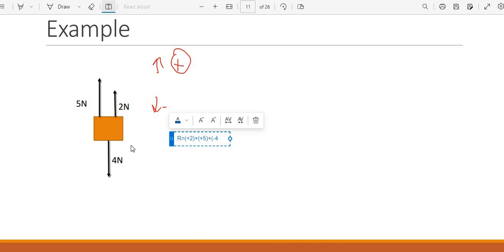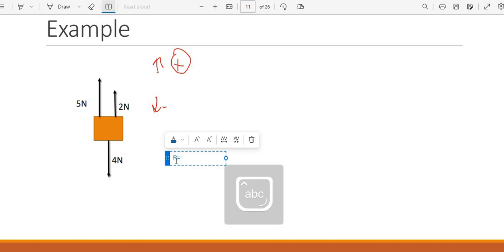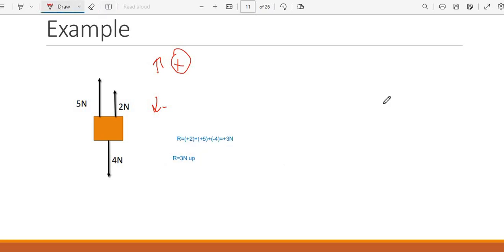If you sum them together, you are going to get positive 3 Newton. So it means that our resultant is 3 Newtons upward. So R will be equal to 3 Newton upwards.